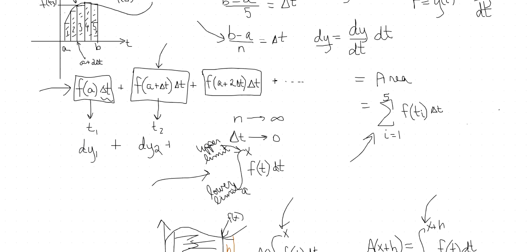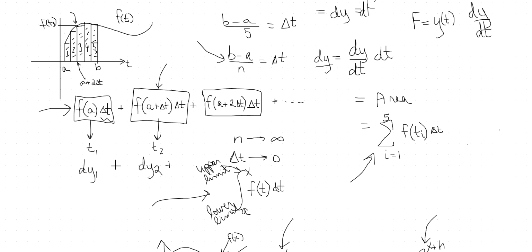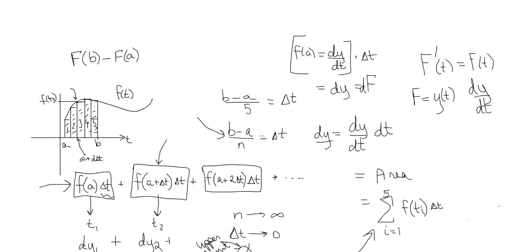So now I see an amazing relationship between the area under f of t, little f, and the net change of what we will call the antiderivative, capital F. This integral here, with limits a to b, can be found by finding the antiderivative, the function that little f is the rate of change for, and evaluating it so that I find the net change between b and a.